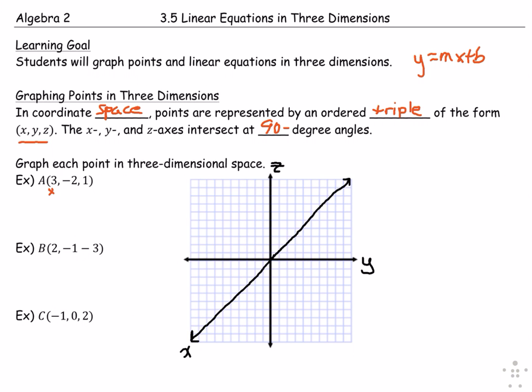I'm going to let the first coordinate x be red, the second coordinate y be blue, and the z coordinate green. So it helps to leave a breadcrumb trail of how you progress from the origin to your point.